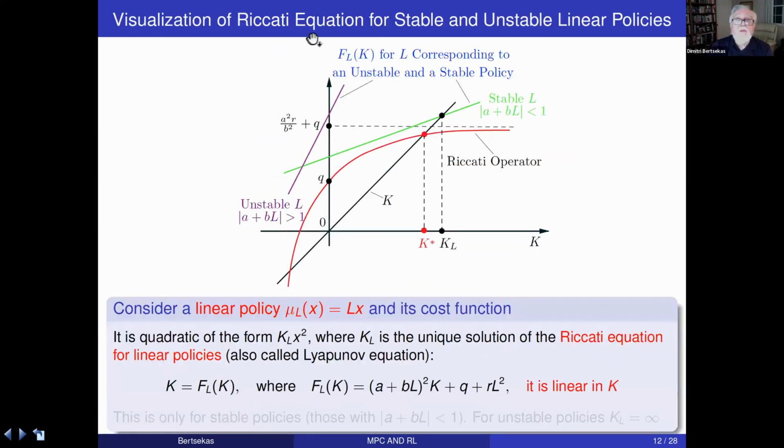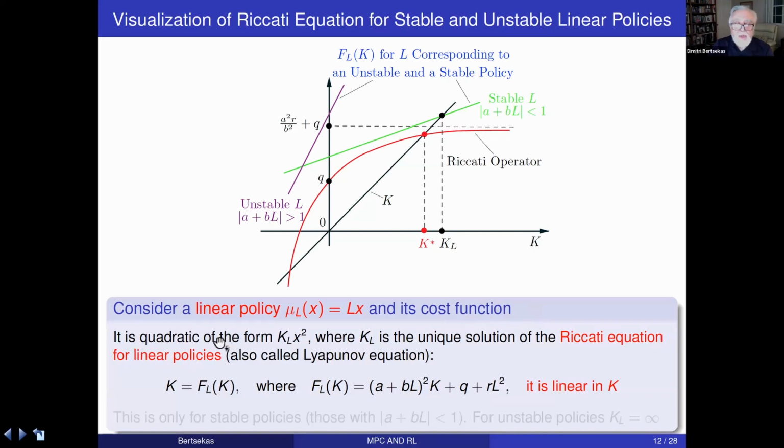So now let's try to visualize linear policies and the Riccati equation for both stable and unstable policies. Let's consider a linear policy involving the scalar coefficient L, and its cost function.